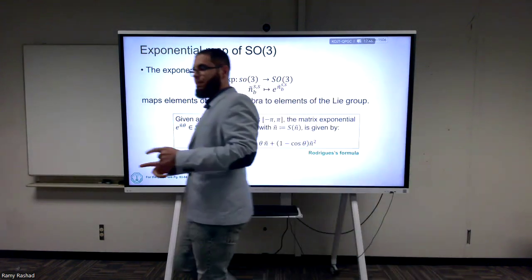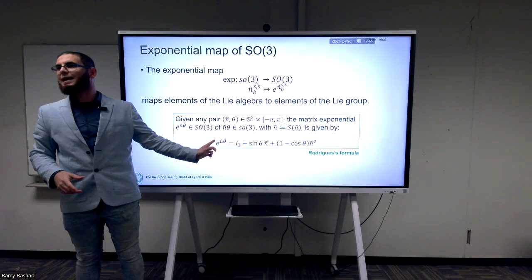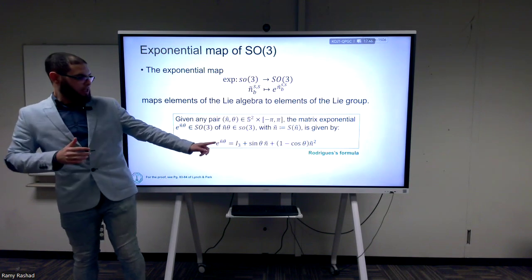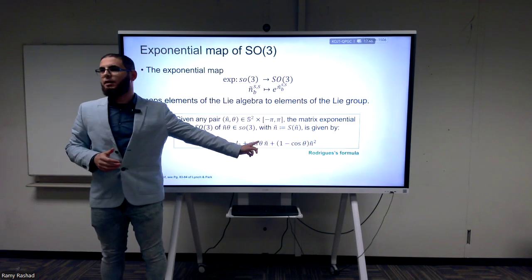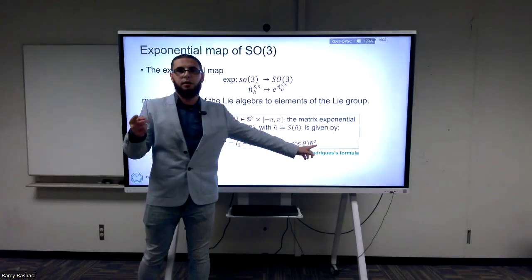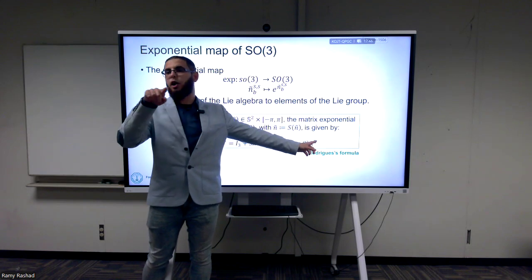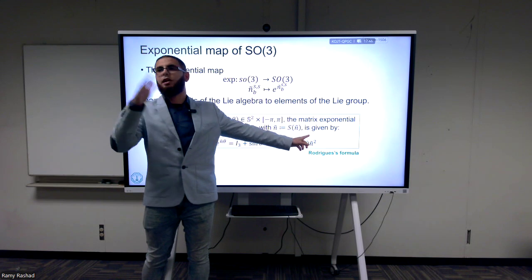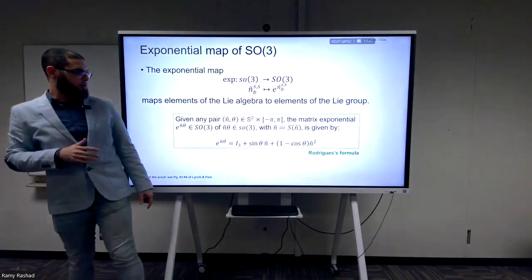So the matrix exponential of the skew-symmetric matrix n tilde multiplied by theta, some angle, is equal to the identity plus sine theta multiplied by the skew-symmetric matrix n tilde plus 1 minus cosine theta multiplied by the square of the skew-symmetric matrix. The square of any matrix is what? A times A. So A squared is A multiplied by A. So this is what this expression means.